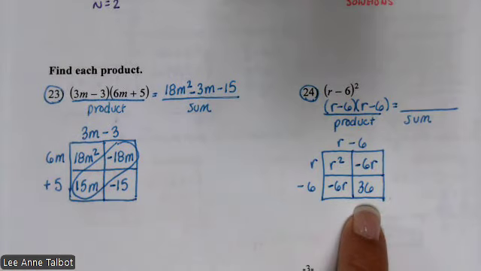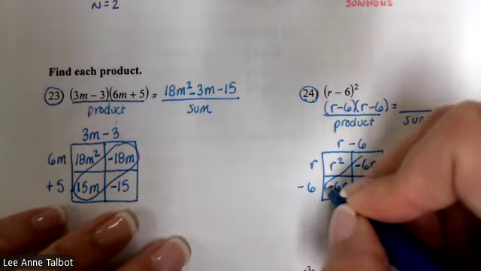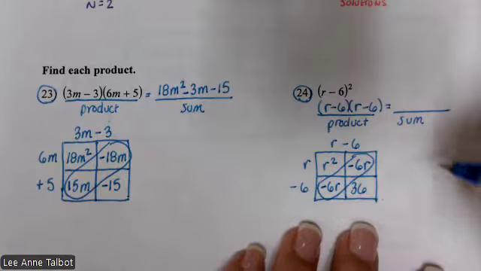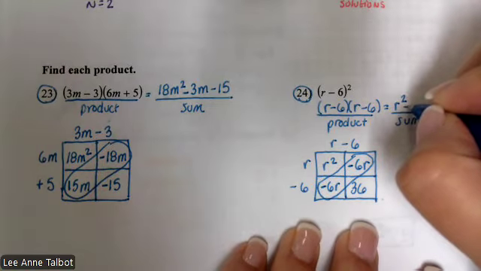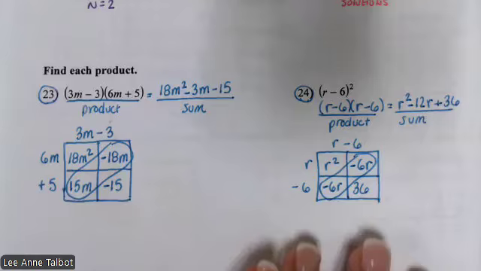Be really careful in this box that you have the negative times the negative is a positive 36. R squared minus 12r plus 36.